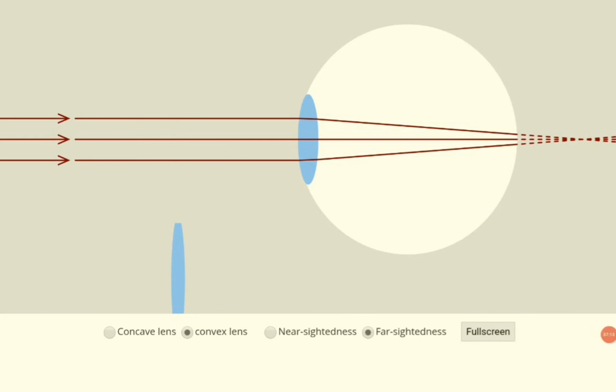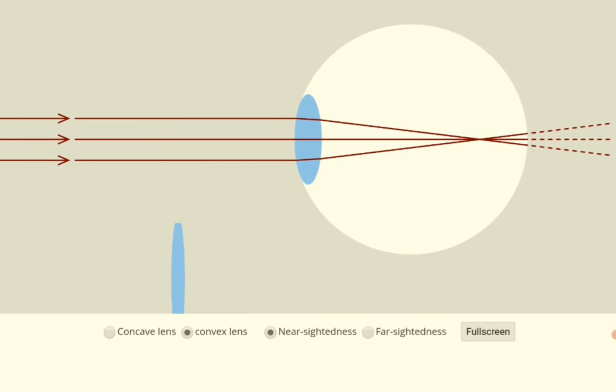So nearsightedness means myopia and farsightedness means hypermetropia. Myopia can be corrected using a concave lens, whereas hypermetropia can be corrected using a convex lens. Now let us take a myopic eye, which can be corrected with the concave lens. So we shall take a concave lens now.